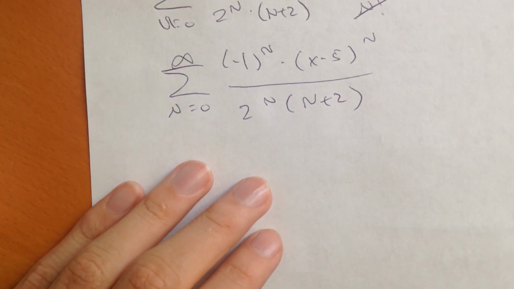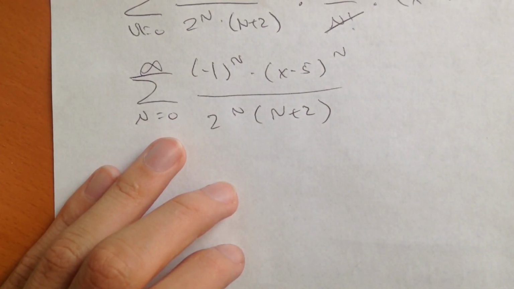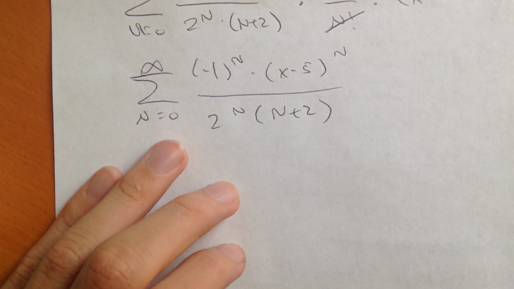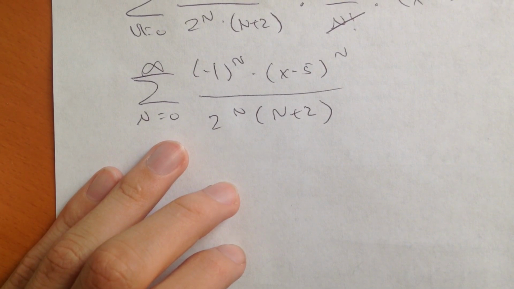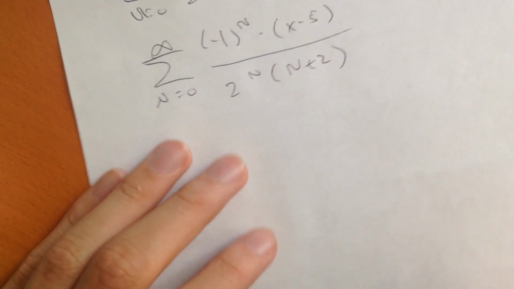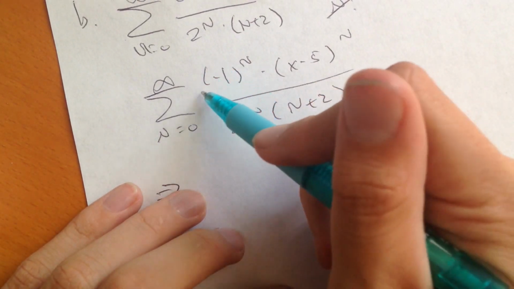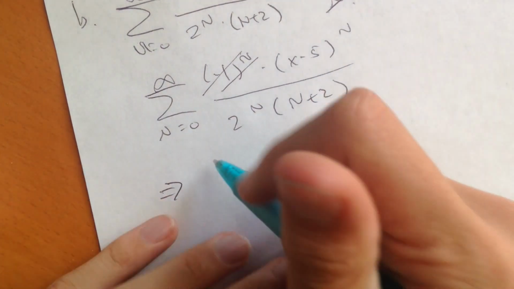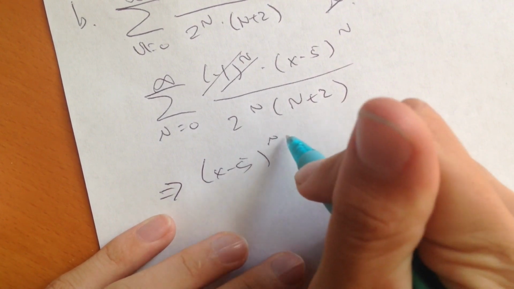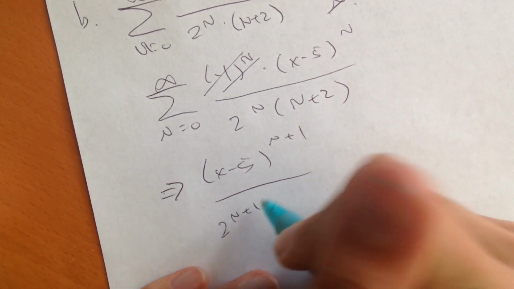Okay, so we have two options. We can use the ratio test or we can use the root test. The root test actually looks easier, but we'll go ahead and use the ratio test. Remember that we're dealing with absolute values, so this term doesn't really matter. So we end up with this.